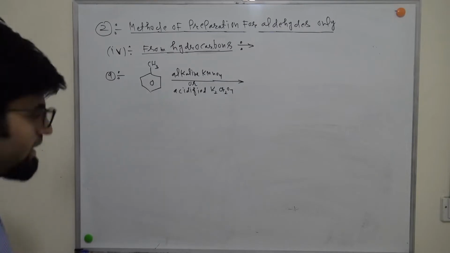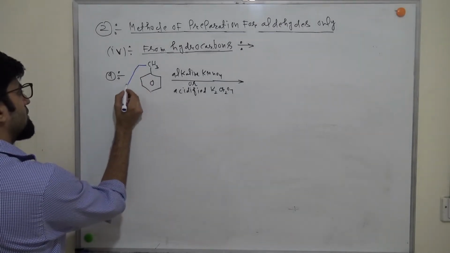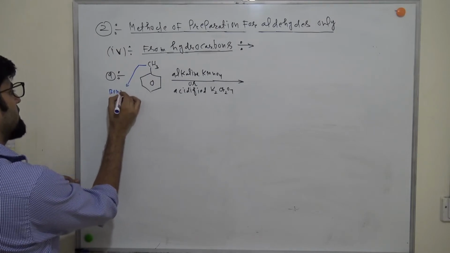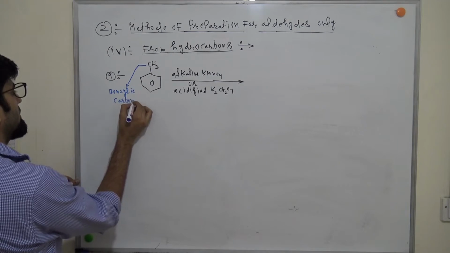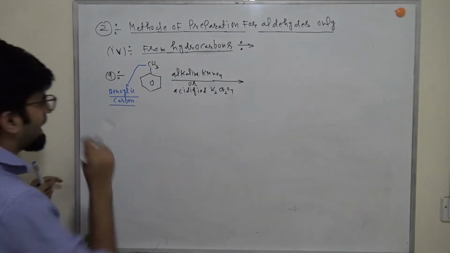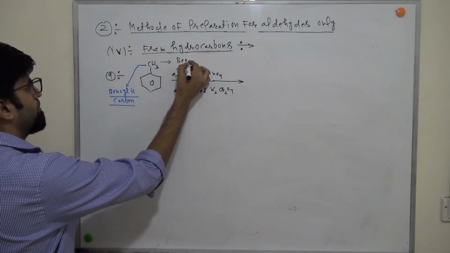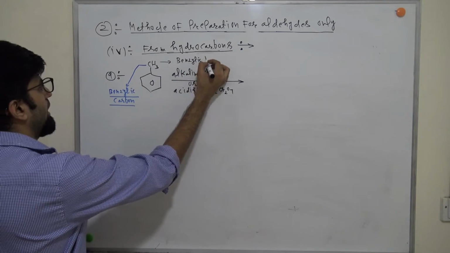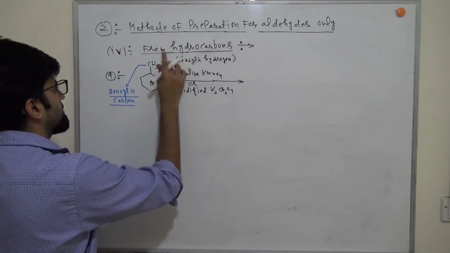Let me tell you one trick here: this carbon is known as the benzylic carbon. The carbon that is attached to the benzene ring is known as the benzylic carbon, and the hydrogens attached to it are known as benzylic hydrogens.